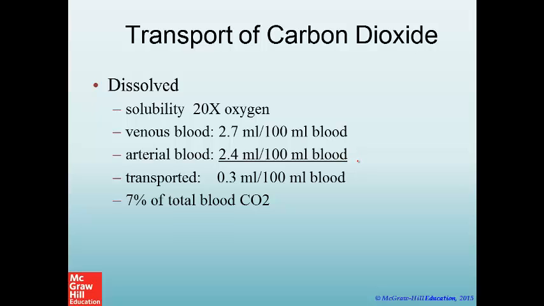You expired it. So then that amount that was transported is 0.3 milliliters per deciliter of blood, which comes out to about 7% of your total CO2. So about 7% of the CO2 in your blood is dissolved in plasma.